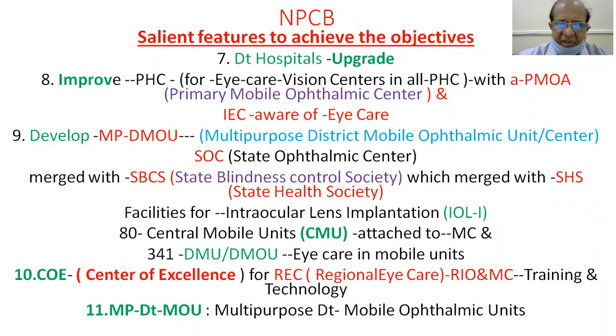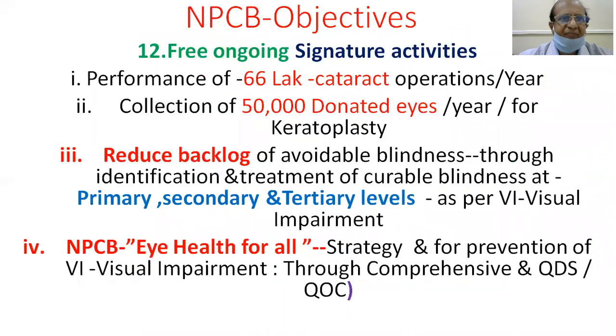Then multi-purpose district mobile ophthalmic units. Free ongoing signature activities, already we have discussed: 60 lakh cataract operations per year, collection of 50,000 donated eyes per year for keratoplasty, reduced backlog of avoidable blindness through primary, secondary, tertiary levels as per the visual impairment definition.